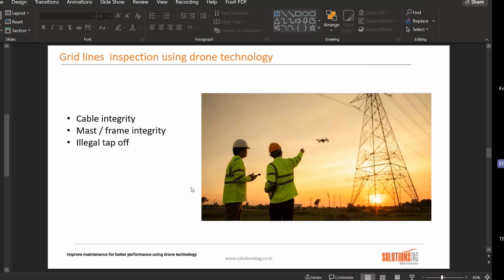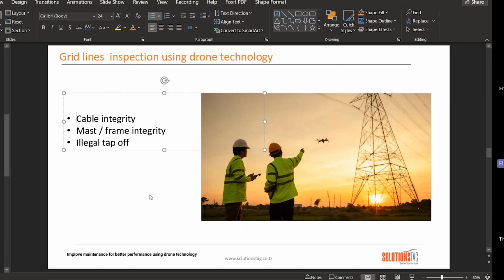And with this inspection, you can identify several issues. For example, the cable integrity. Is the cable tightened enough? Is it loose in some areas? Is there a proper connection between the cables from this mast to the other? Also, the mast integrity.